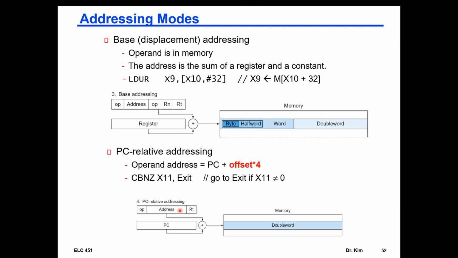So we're going to resolve this address as the program counter plus the offset, which is this one, times 4.